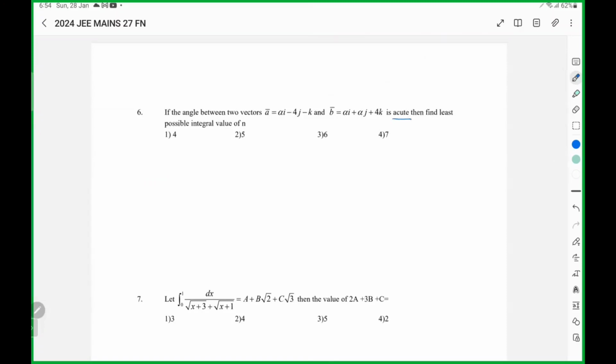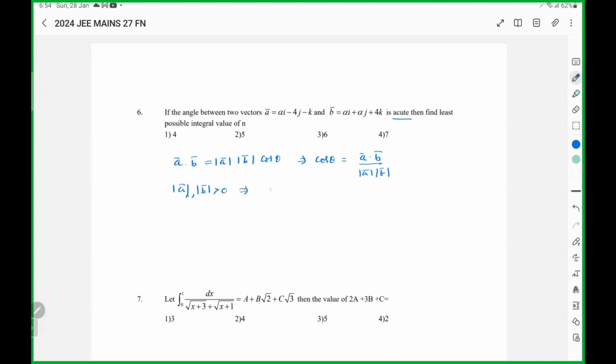Here A dot B is mod A mod B cos theta. Cos theta here is A dot B by mod A mod B. Mod A mod B is anyhow positive, right?